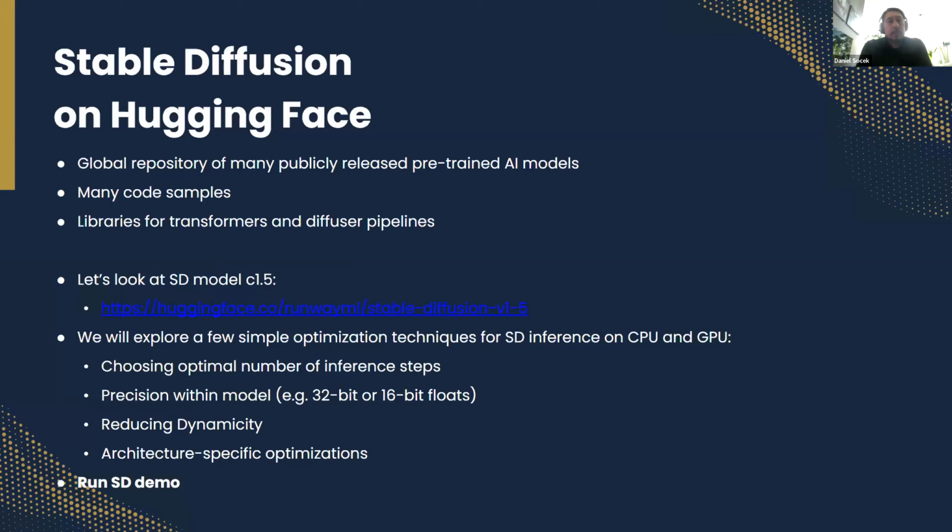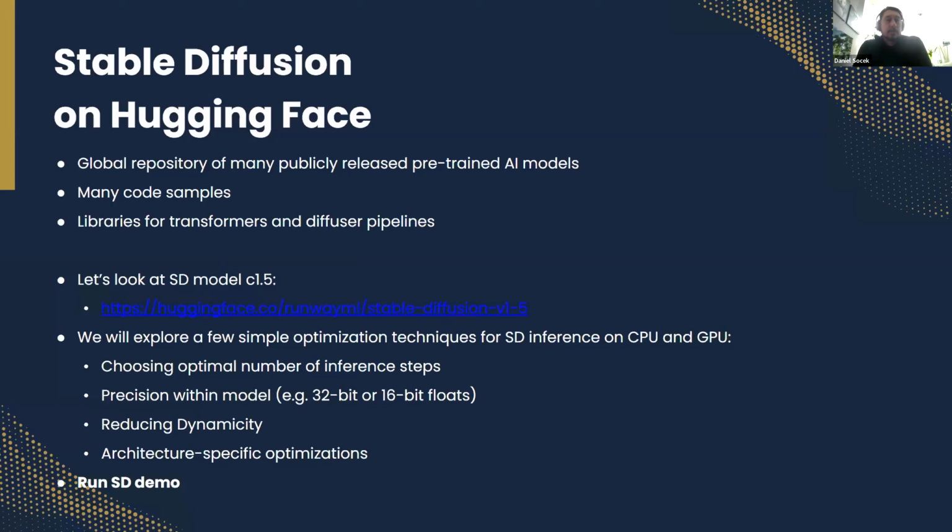So we will illustrate how a simple thing like setting the shapes to be static, saying we're always going to use these sizes of the input tensors, can improve performance a lot.